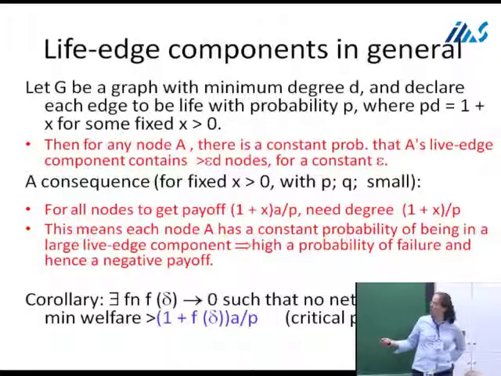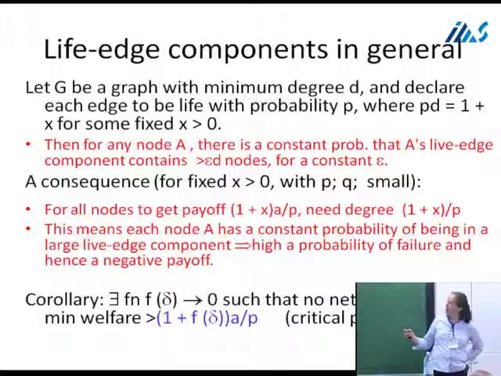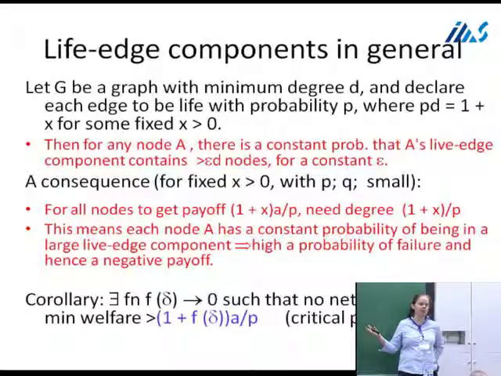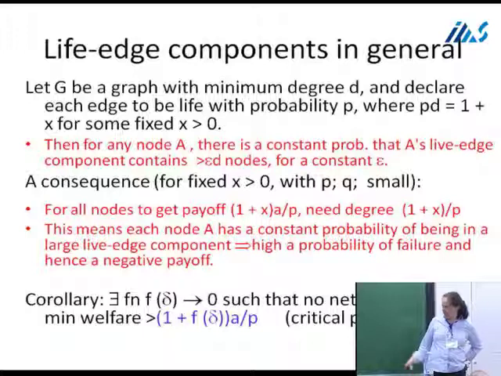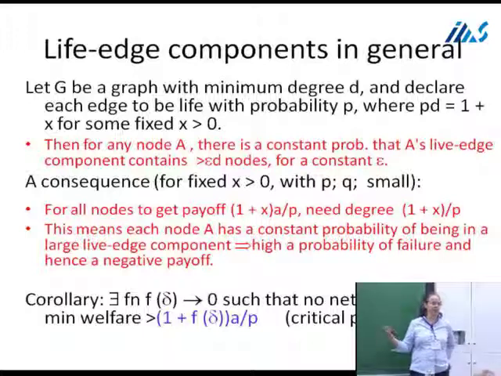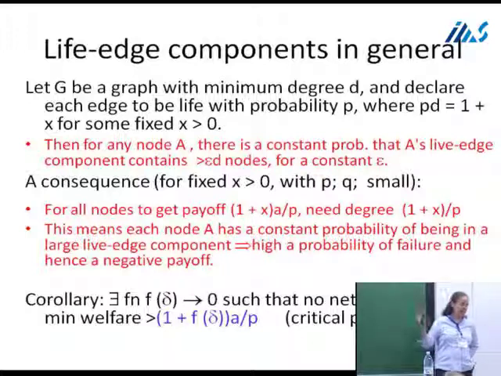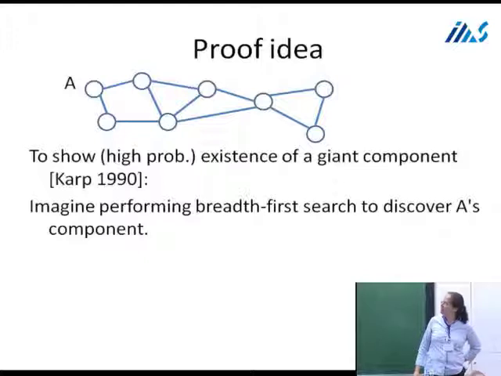But with that much degree, this tells you that the probability of being in a component of roughly your size, or a constant times your degree, is a constant probability. So you're being exposed to a lot of danger, and with f of delta big enough, that turns out to be bigger than your benefit. So no network can do this. Now I'm only left with 1 minute, but this is the main technical tool here, and let me tell you how we use it.